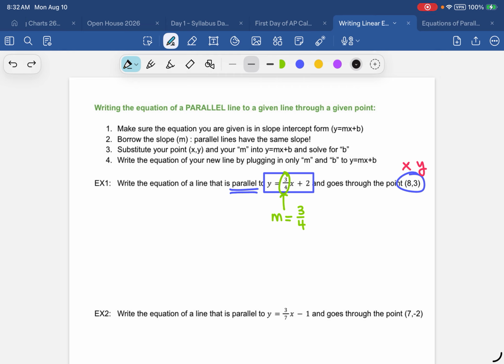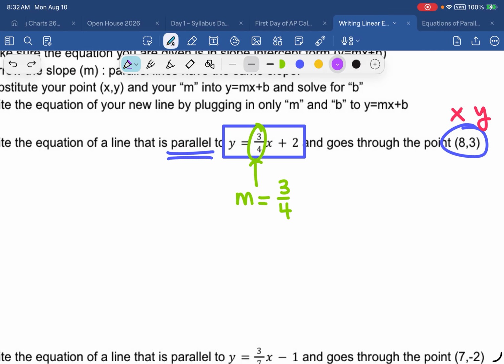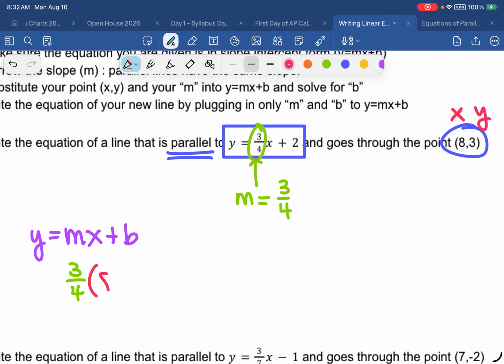We just needed that equation for its slope. So the equation of a line, y = mx + b, we need our slope to be 3/4 so that it's parallel to the other line, but we need it to go through the point (8, 3). So we need to plug in an 8 for the x and a 3 for the y.